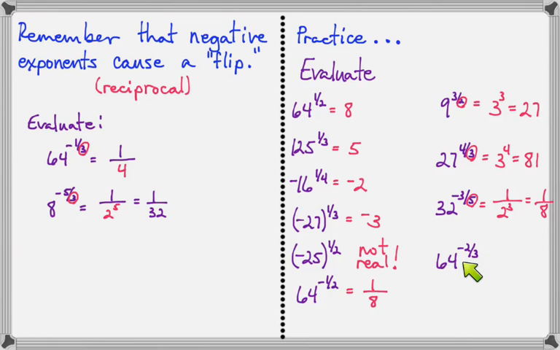Alright, last one. The cube root of 64 is 4. And because of this negative exponent, I have it flipped over. The cube root of 64 is 4. So it's going to be 4 to the second power. So that's going to be 1 over 16.